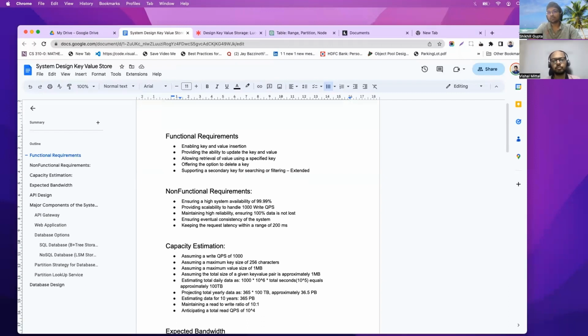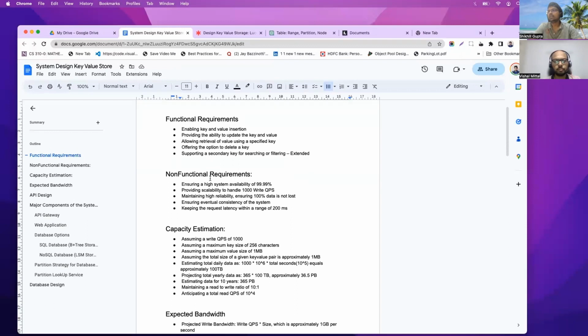So given a car attribute, let's say I want to filter out all the cars whose color is red, right? This is not the ideal situation where we have a key and fetch the value. Here we want to find all of the cars having the color red, right? That is secondary key support. If time allows, I can talk about that. But this is one of the extended requirements, to support a secondary key for searching and filtering across all of the existing keys, right?